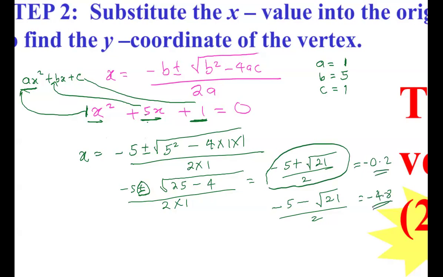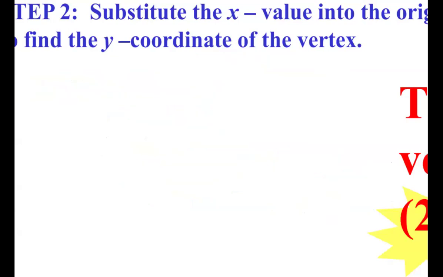You can also try this type of question. If you have something like this, 2x squared plus 6x plus 1 equals 0, that gives you a equals 2, b equals 6, c equals 1.